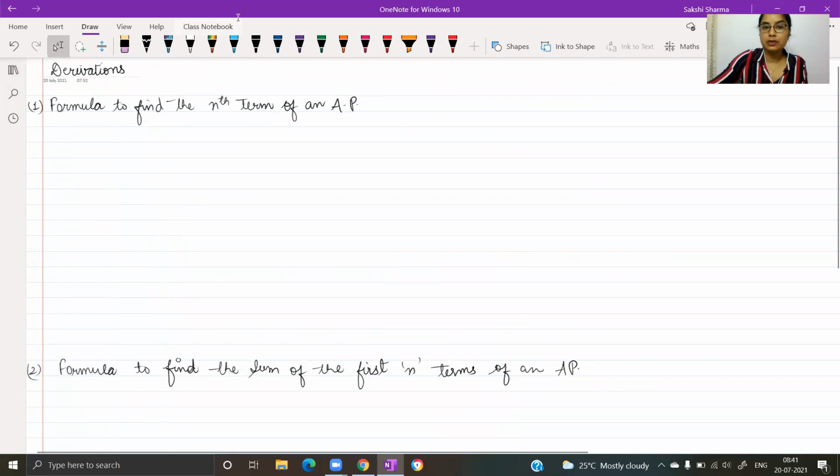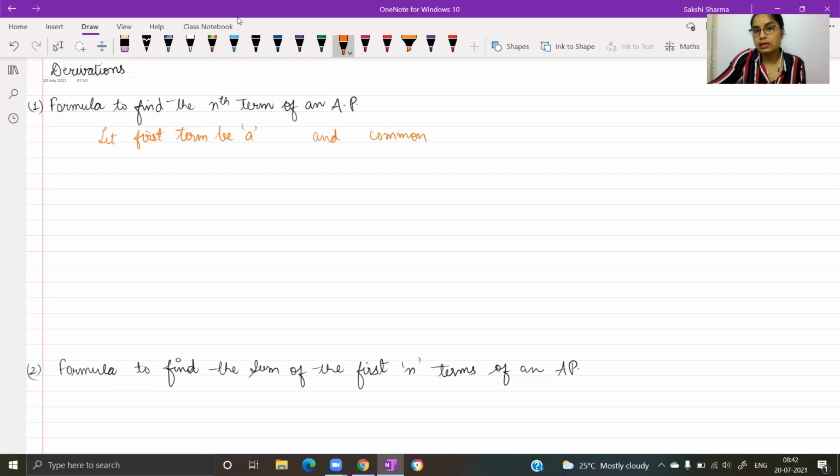So the formula to find out the nth term of an arithmetic progression, to begin with, just write down the general representation on which your arithmetic progression depends. Let us represent the first term as A and the common difference as D. Now we will write down the terms.